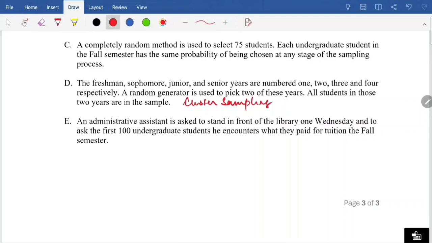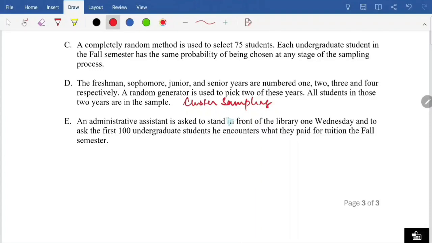So we have grouped our population into 4, freshman, sophomore, junior and senior year, and then we randomly pick 2 groups, only 2 clusters, so to speak. All students in those 2 years are in the sample. That's the property of cluster sampling.